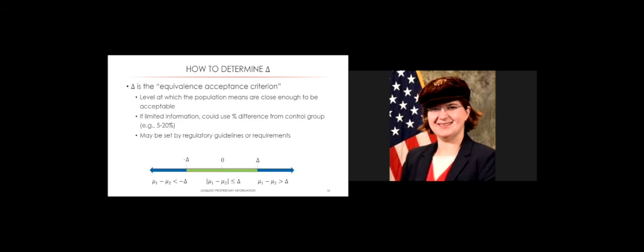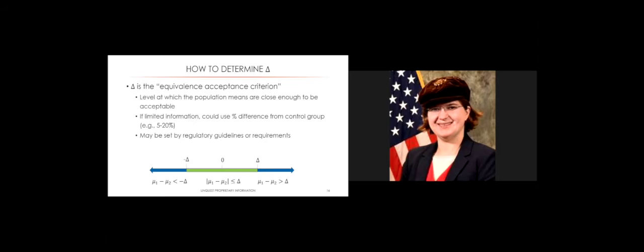As a statistician, I can't tell you what this number is. I don't know what your system is, and I don't have insight into how close is close enough for your particular operation or mission. So you really have to get this from subject matter experts, operators, or the decision makers. It's not something that's just going to be lying around.